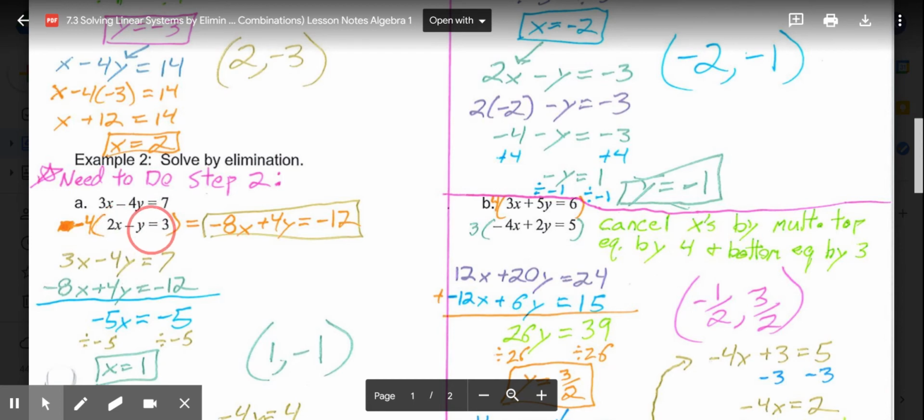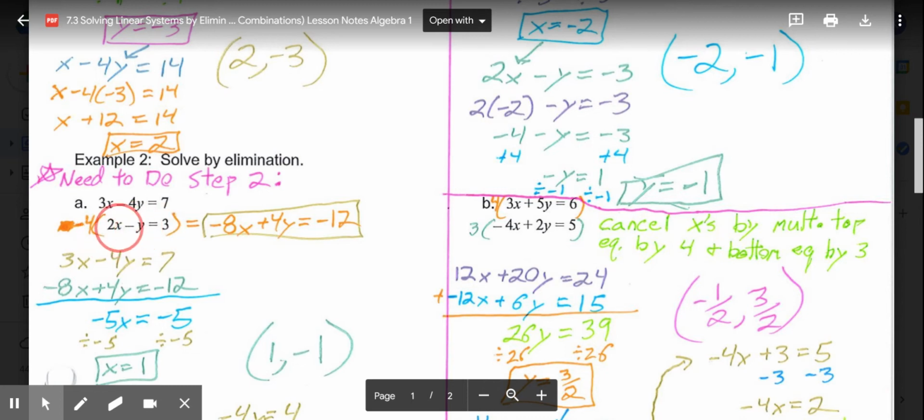Bottom equation, 2x minus y equals 3. So what I want to do is multiply the bottom equation by a negative 4, because a negative 4 times the negative y here is a plus 4y. So then this negative 4y and my positive 4y here would be opposites and cancel.